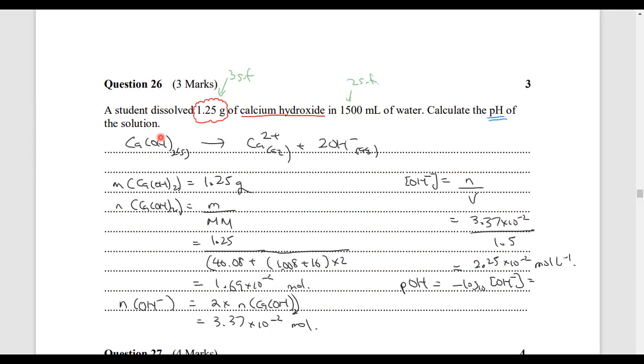And that gives you an answer of 1.65. Now pH is just 14 minus pOH. And that's going to be an answer of, well, 12.35. And that would be your answer here.